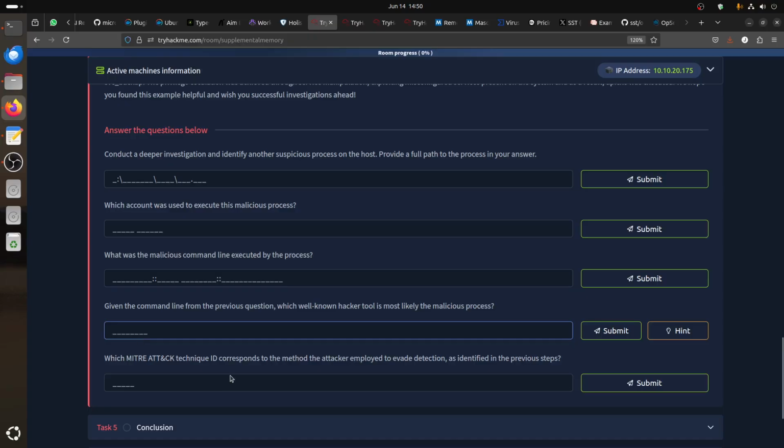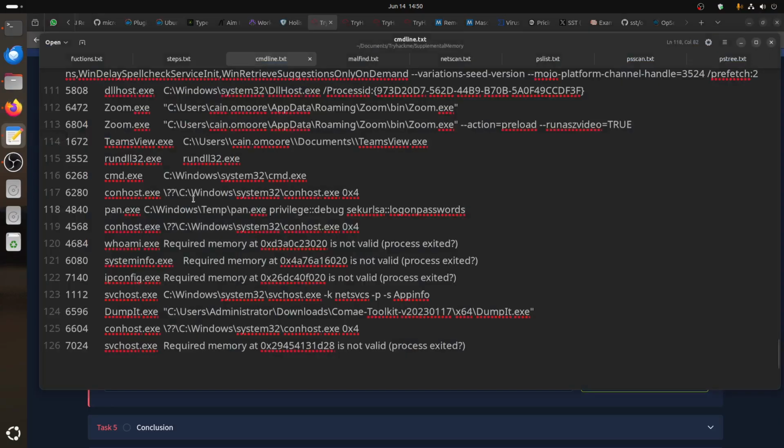Now, which MITRE ATT&CK technique ID corresponds to the method the attacker employed to evade detection? What exactly did the attacker evade here? The software is called pan.exe, so it's masquerading. It's not a real name.